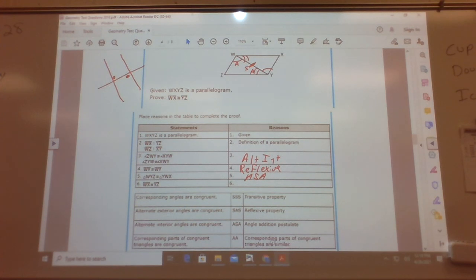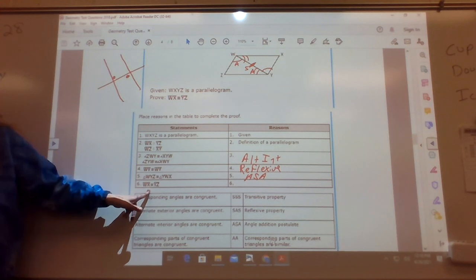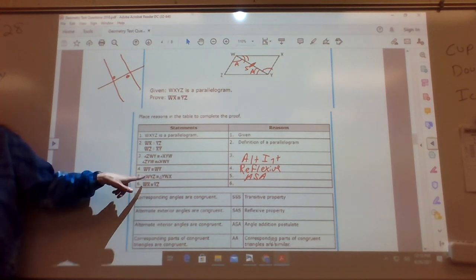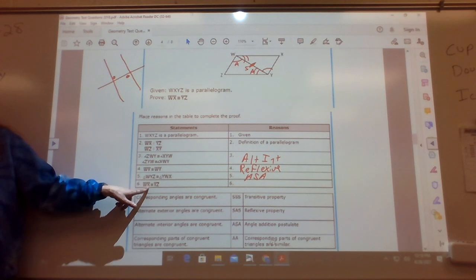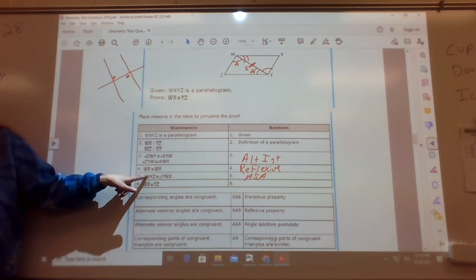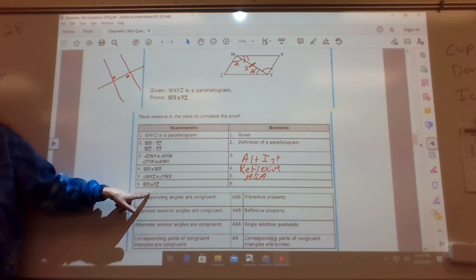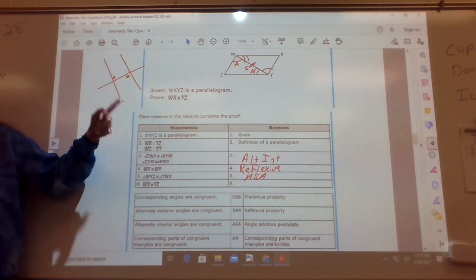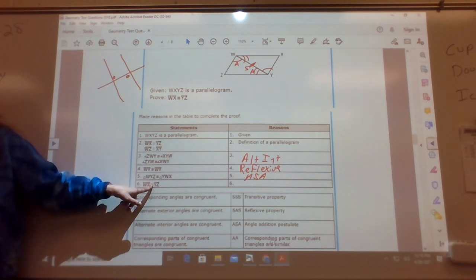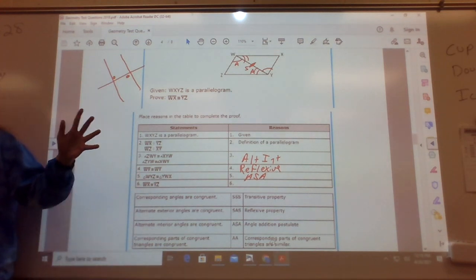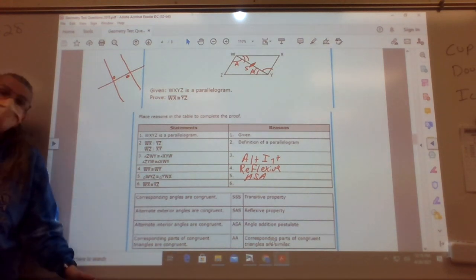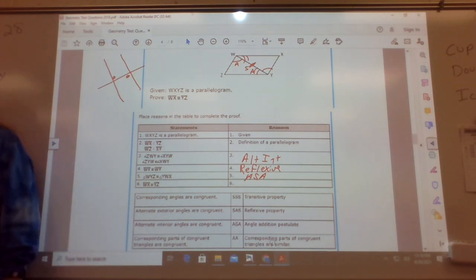Now the next one is one of the ones that, once I refresh your memory, it's an easy one to get. We have a triangle congruence statement. Then it goes one step further and says, because these were congruent, I know anything on the two shapes are congruent. This is the one I did kind of with the letters, a little song: C, P, C, T, C. Corresponding parts of congruent triangles are congruent.